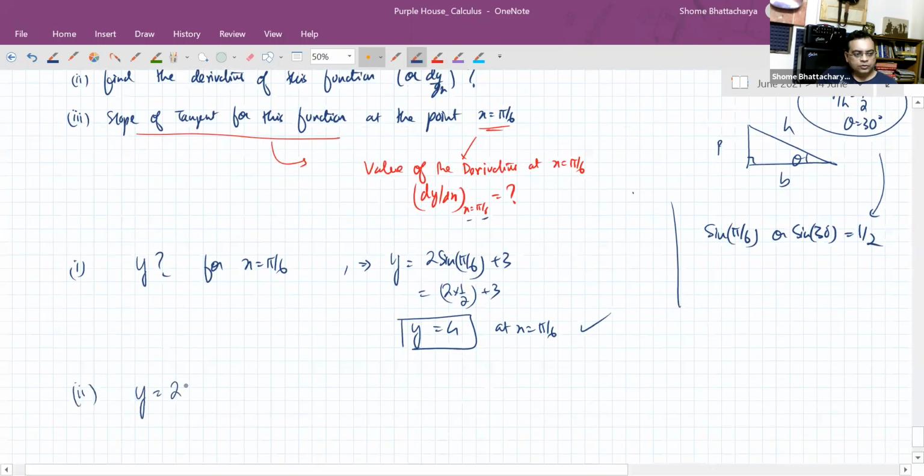So y is equal to 2 sin x plus 3. So now we want to find the derivative. So we have to differentiate this whole function 2 sin x plus 3. So first we'll use the distributive property of differentiation. We have a plus sign in between, so take the differentiation operator inside the bracket.